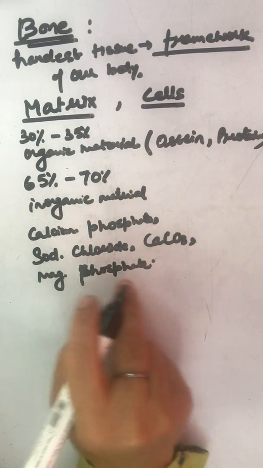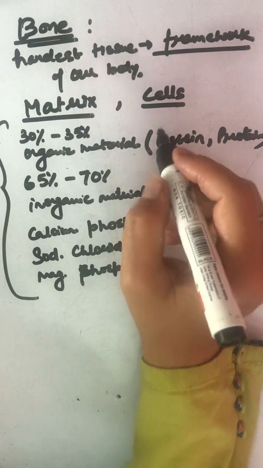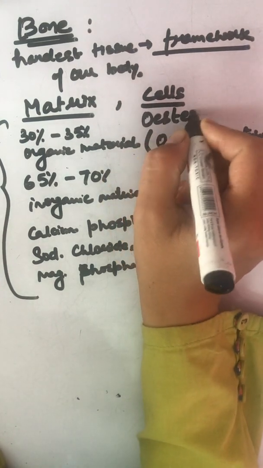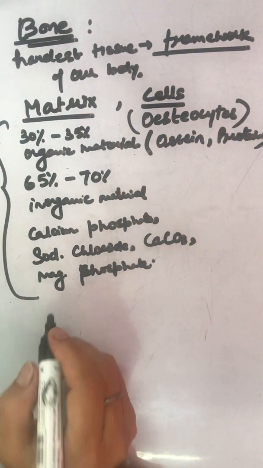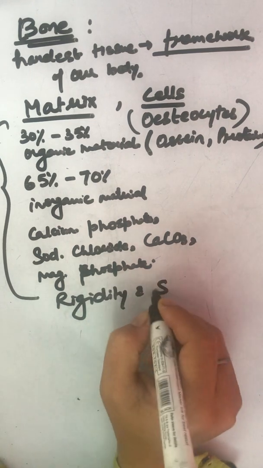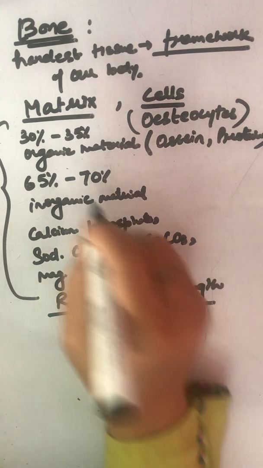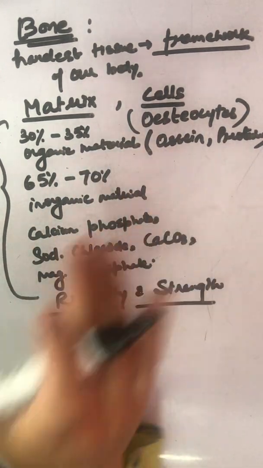That is the inorganic part. And these two, along with the cells known as osteocytes, provide rigidity and strength. This rigidity and strength provided by the matrix and cells composes the bone.